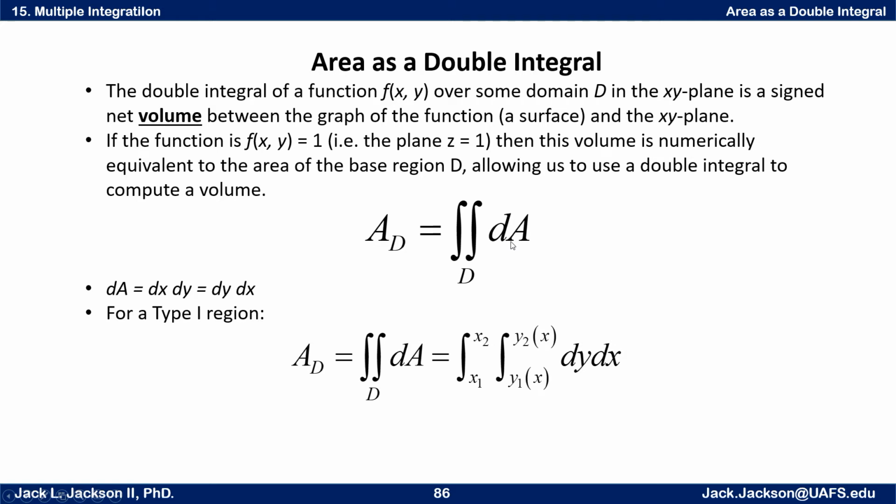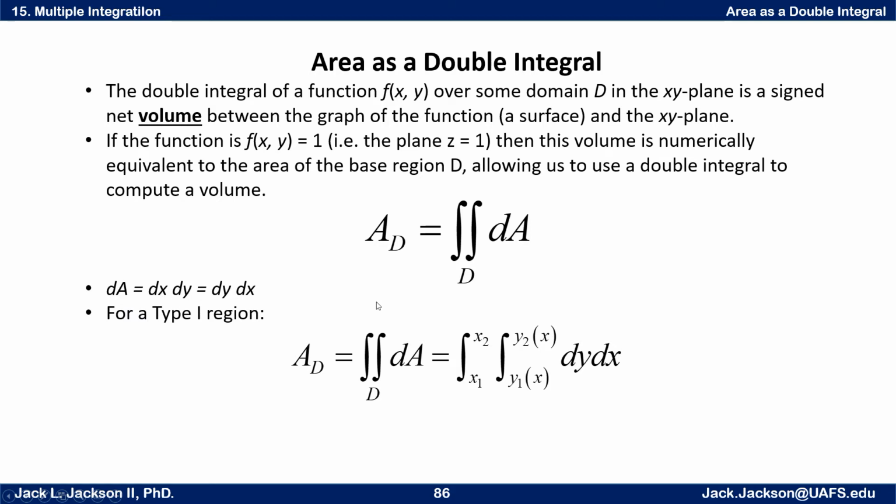Now, when we're doing an integral as a double integral, we've always done these, well, except for when we were just approximating and defining them, as iterated integrals. And so you want to rewrite that. Well, one thing we've seen is that dA is just dx times dy or dy times dx.